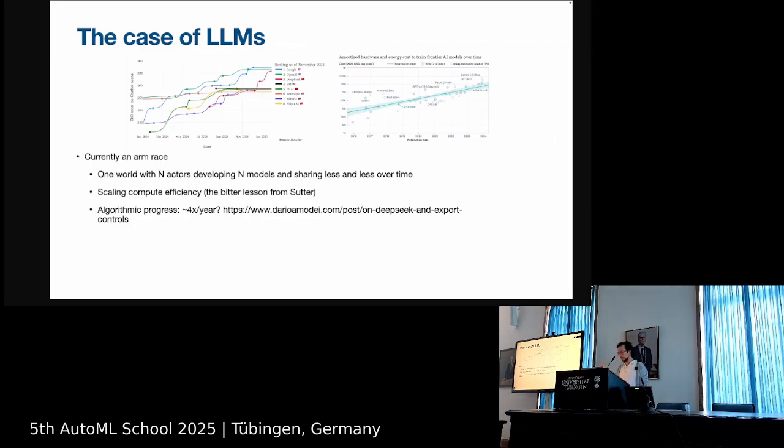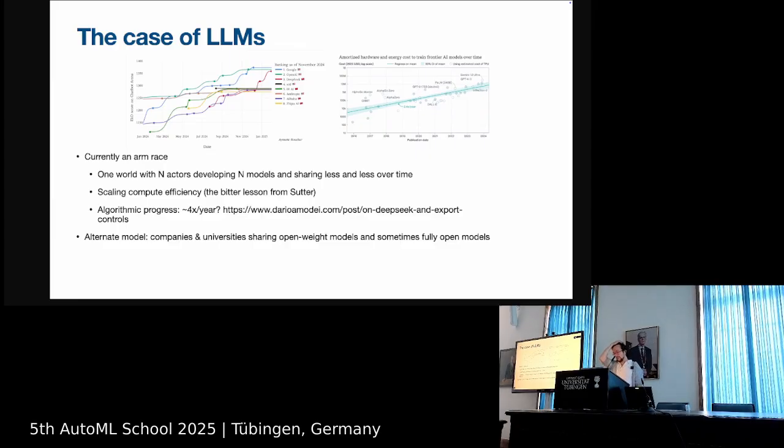This progress is estimated to be about 4x per year. So every year the cost to train the same quality decreases by 4 just because of algorithms and coding. But the thing is, this saving is immediately reinvested because then you get better models. That's the annoying thing.